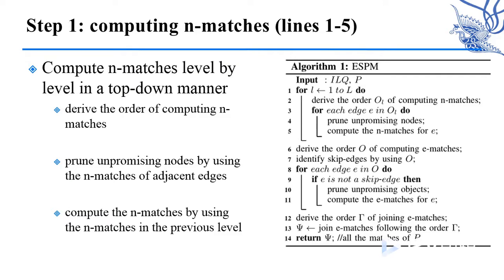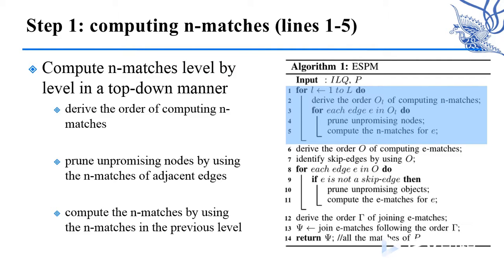In step 1, we compute n-matches for all edges in the pattern, level by level in a top-down manner. The order of computing n-matches has significant effects on the computational efficiency. Nevertheless, it's costly to derive the optimal order, so we develop an efficient heuristic method to derive the order.